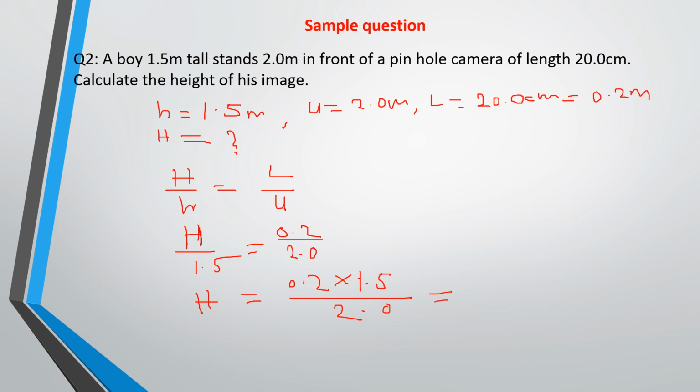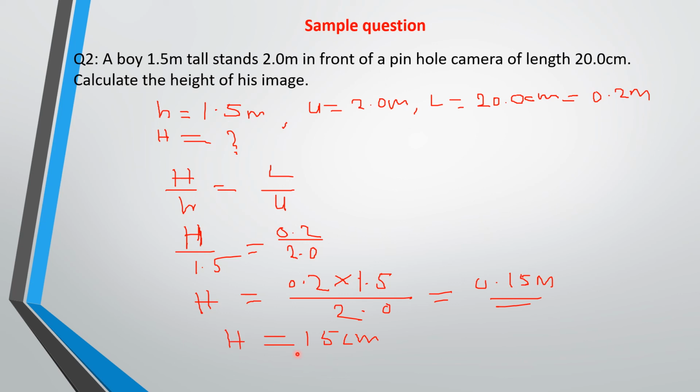By the time you solve that out, image height is equal to 0.15 meters. If you multiply it by 100, you have 15 centimeters. So this is your image height.